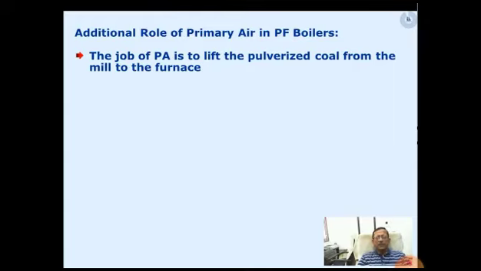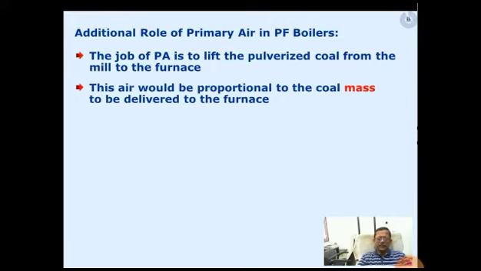Naturally, that means that if I need more fuel, I would need more primary air. So the primary air in this case would be proportional to the coal mass, right? It is not exactly related to the combustibles. We know air is required for the combustibles, but in a pulverized coal-fired boiler, the primary air would be proportional to the mass of coal fuel that is to be given to the furnace.